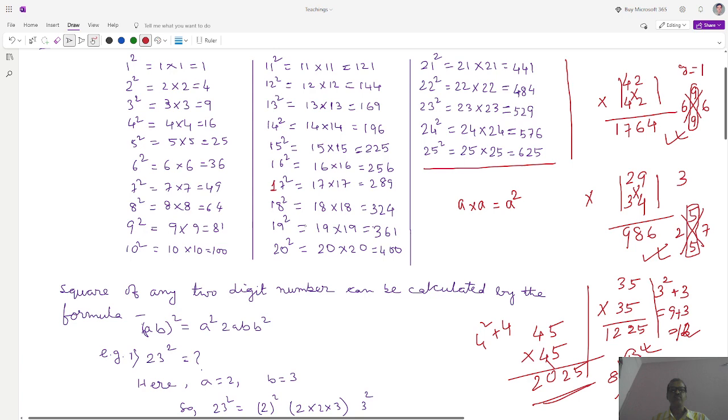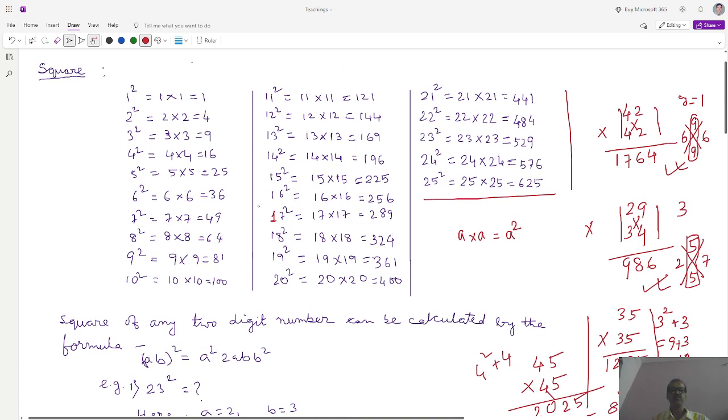If you are not able to memorize these square values, then you may find the square values easily by using the shortcut methods of multiplication.